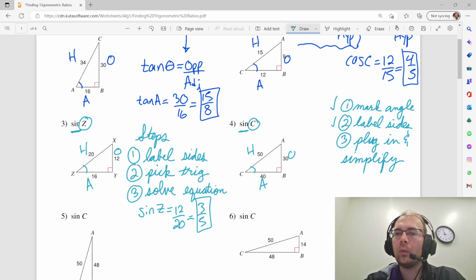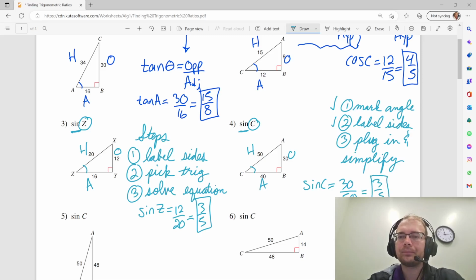So knowing what to plug in for step 3 is part of step 3. And sine is opposite over hypotenuse. So the sine of C is going to be the opposite side over the hypotenuse side. And both of those divide by 10 and simplify to 3/5.